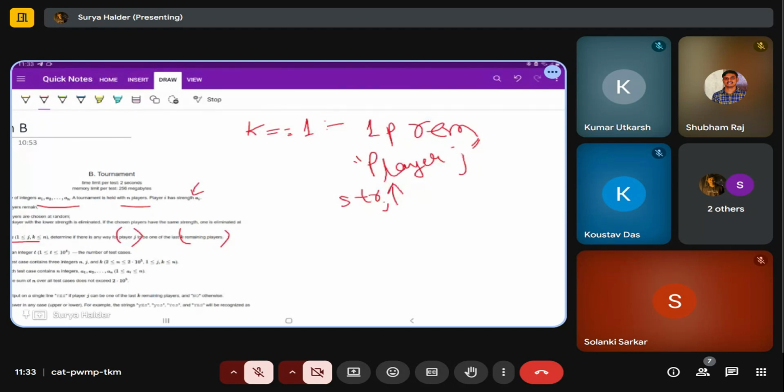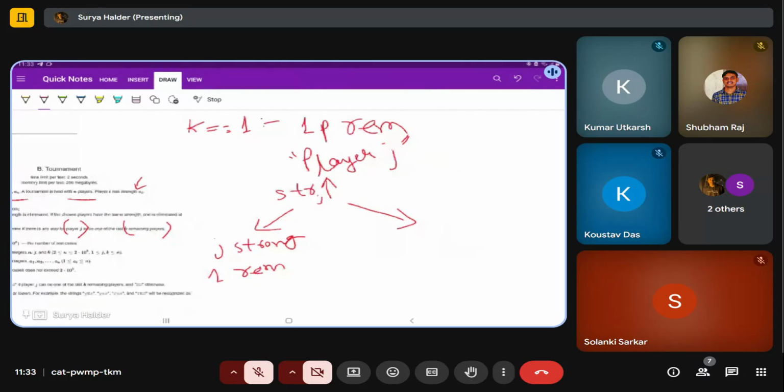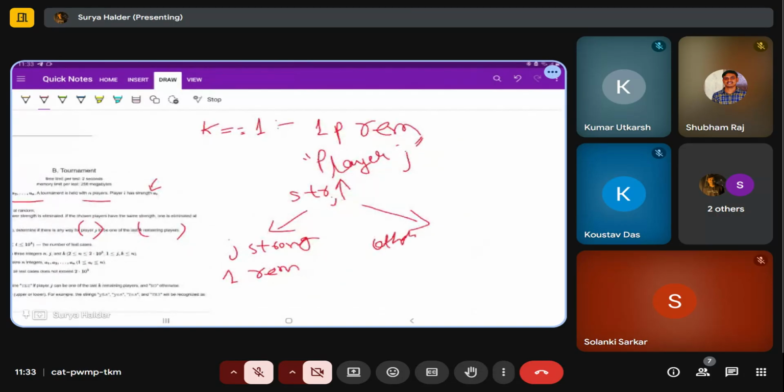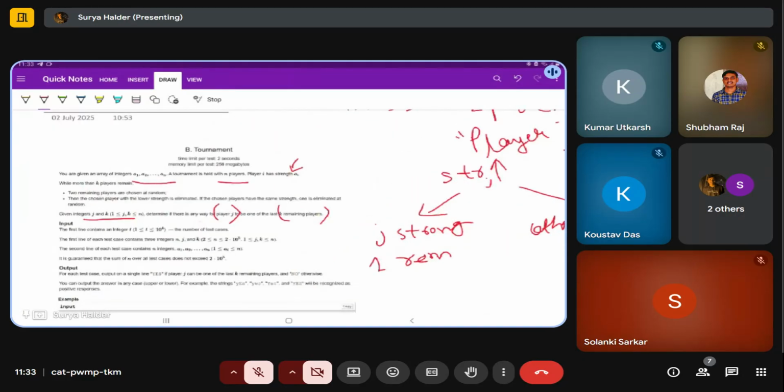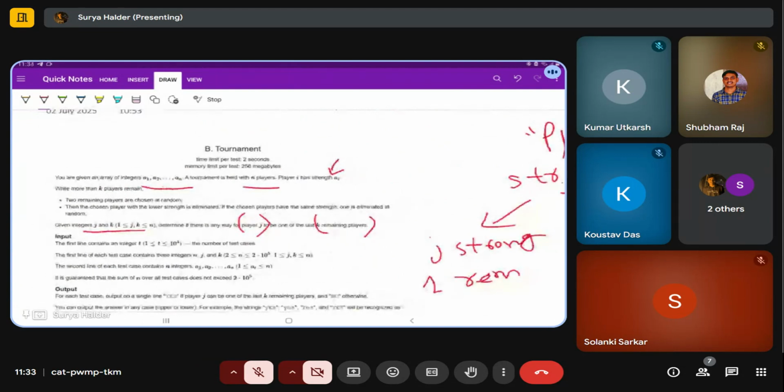But here also two conditions come. If player j is the strongest, meaning no other player has strength equal to A[j], then automatically player j will remain. But another condition can be that other players are also there whose strength is equal to A[j]. For that condition, it is said that we will choose any player at random and then eliminate that player.